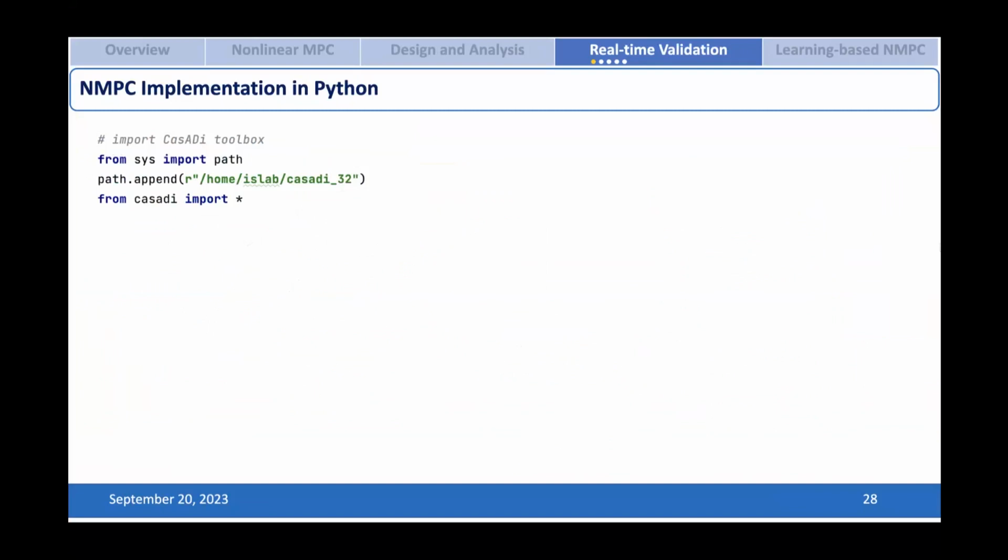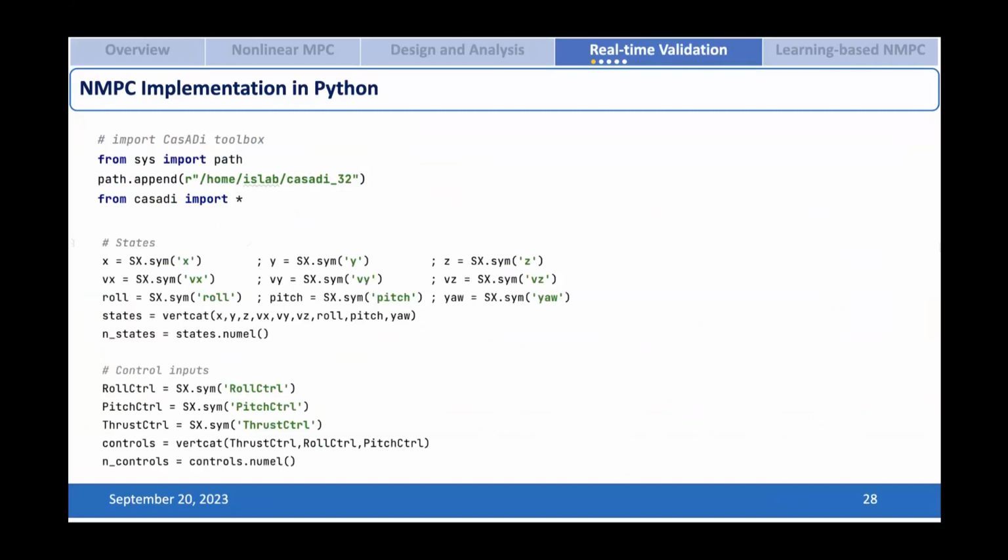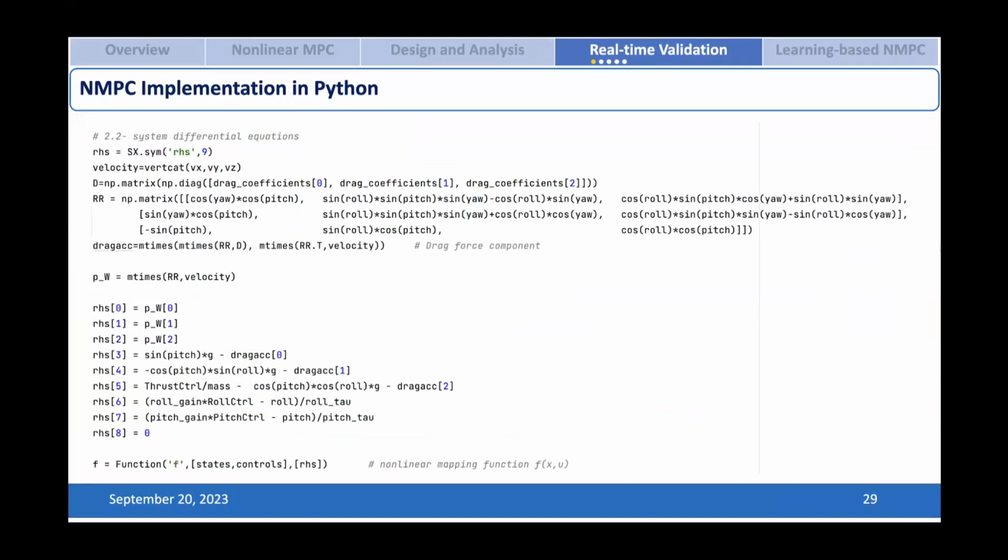Now let's move forward to the real-time validation of the controller. In this case, we designed the system using Python. As I mentioned, CasADi is compatible with Python and MATLAB, and all the steps are exactly similar to MATLAB, except the syntax of the coding. So in this one, we import CasADi into Python, and then we define our system variables, the states and control inputs, and also input our system model, our system dynamics equations, and define the nonlinear function.